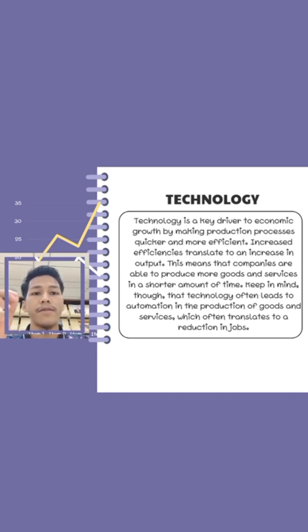The labor force is a very important factor in economic growth because it represents a group of individuals who are actively involved in productive work. Lastly, entrepreneurship refers to the process of identifying, developing and bringing innovative ideas, products or services to market. That's all for the causes of economic growth.